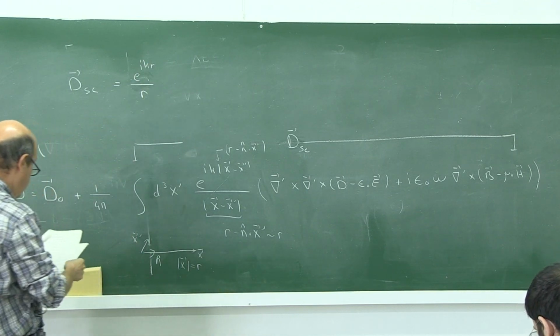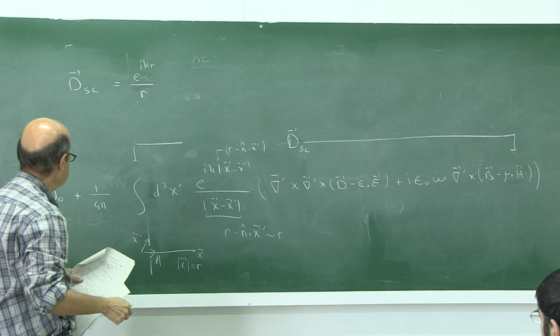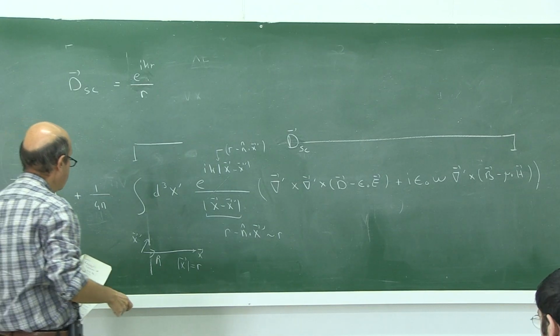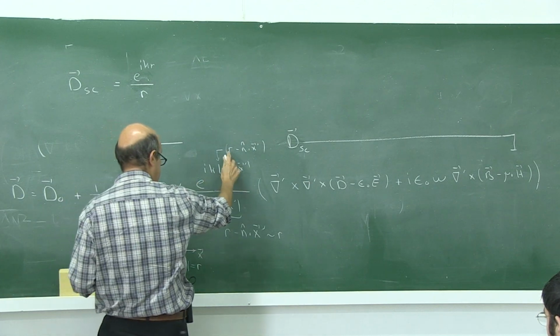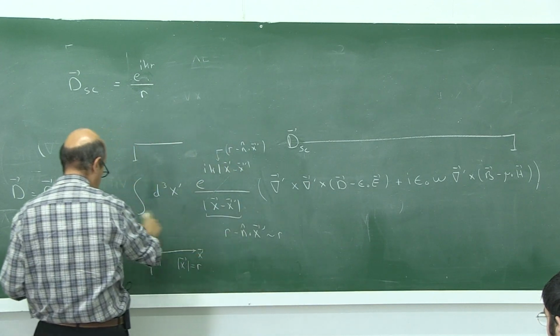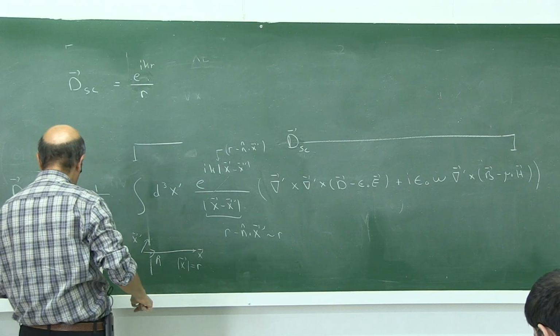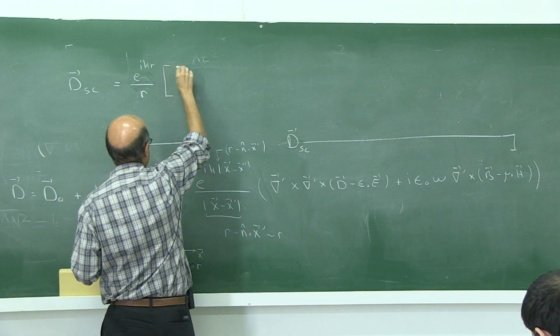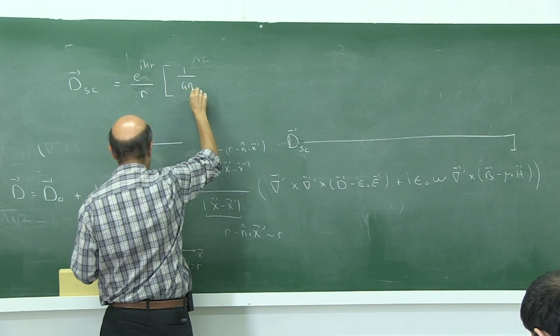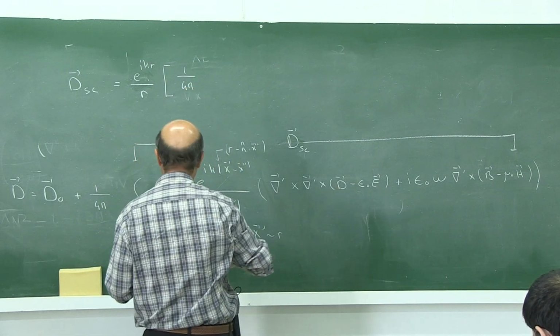So the leftover terms is called a scattering amplitude. If you take this e to the ikr over r outside, the other part will be 1 over 4 pi, so we have to write it again.